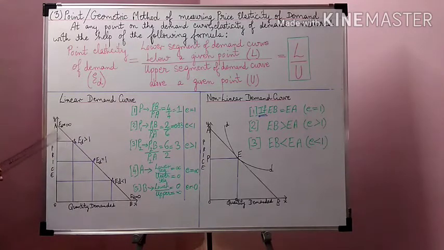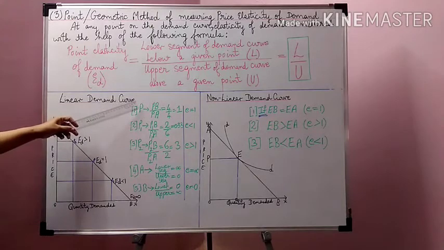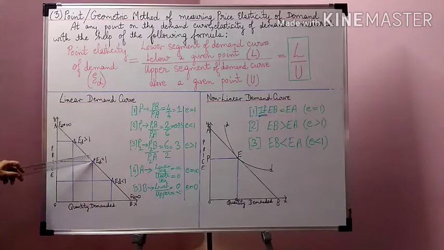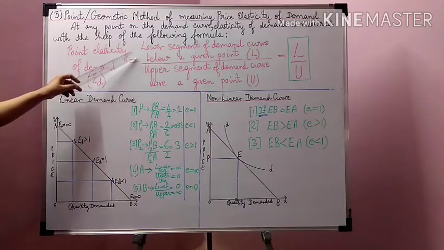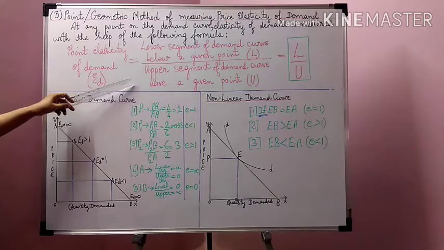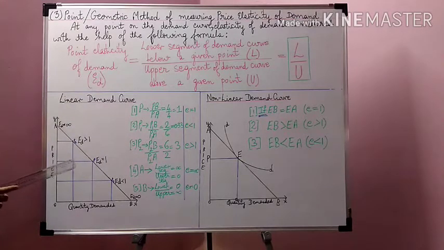Let us see. At point P, at the center here we have got a point P. At this point, if I want to measure elasticity, how do I measure? At point P, elasticity of demand is equal to lower segment upon the upper segment, L upon U. Now what is the lower segment?